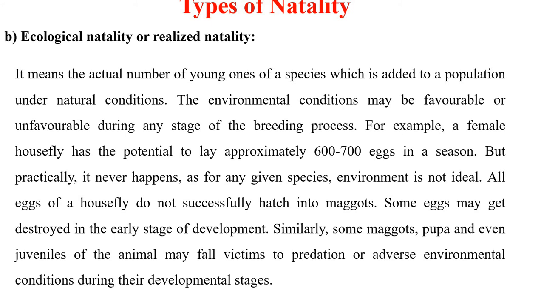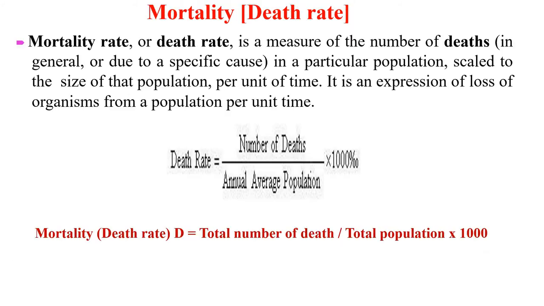Some of the eggs may get destroyed in the early stage of the development. Similarly, some maggots and pupae or even the juveniles of the animals may fall victims to predation or adverse environmental conditions during their developmental stages up to adult stage.